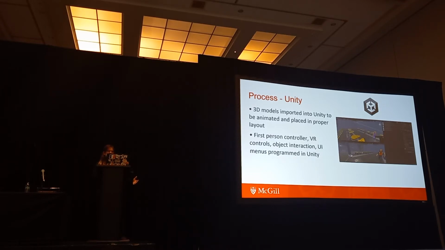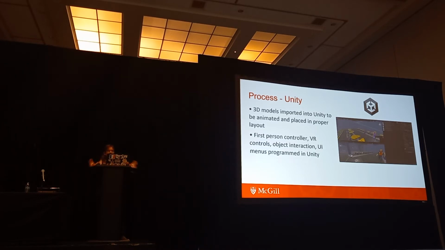As mentioned, the 3D models were imported into Unity to be animated and placed in the proper layout. And then from there, all of the interactions with these 3D models could be programmed from the first-person controller, so the student can move around the virtual world.